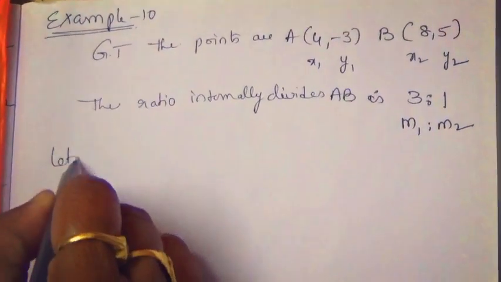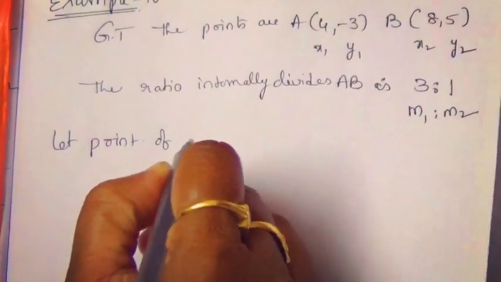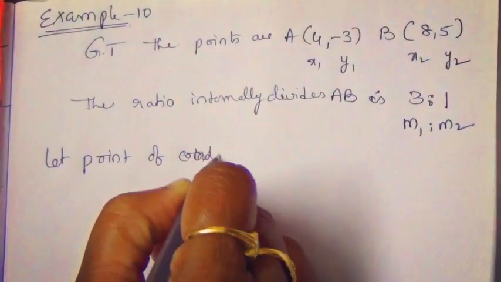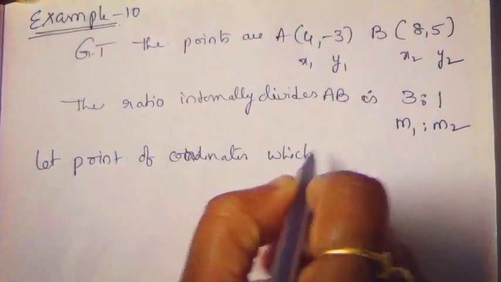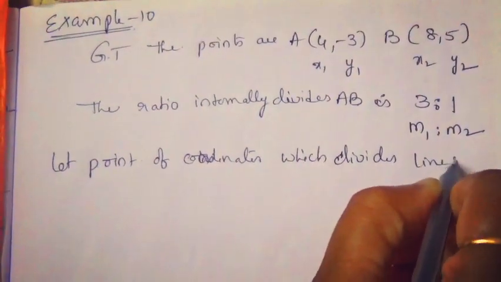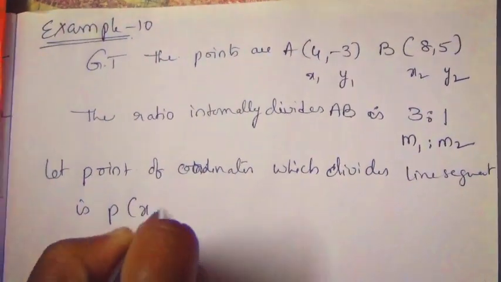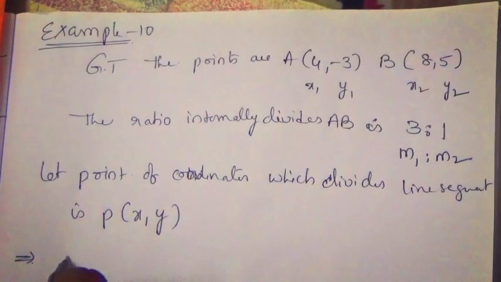What is P? Let the point of coordinates which divides the line segment be P(x, y). So that implies, what is the section formula?